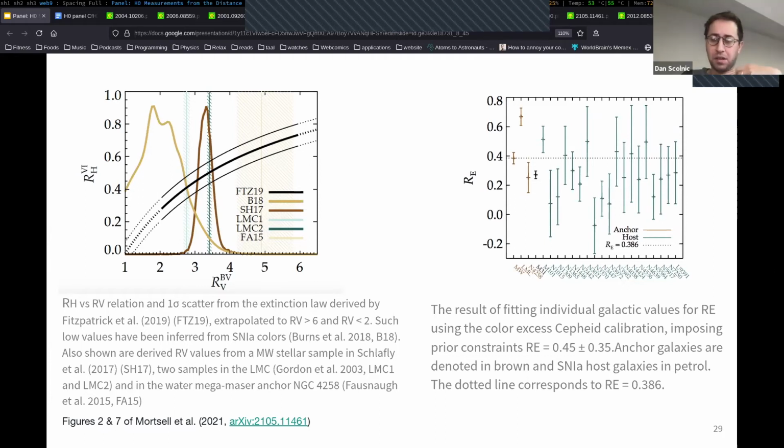Or seeing 0.2 with the new dust law and having low RV, it's entirely possible. We're definitely not claiming that there's something systematically happening at distance between the anchors and the host. But a fluctuation is entirely possible, given the prior range has a width of say 0.3. If you divide that by the square root of 3, getting a shift of 0.1 is within statistical fluctuations.